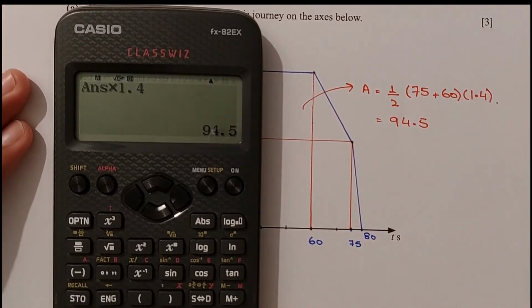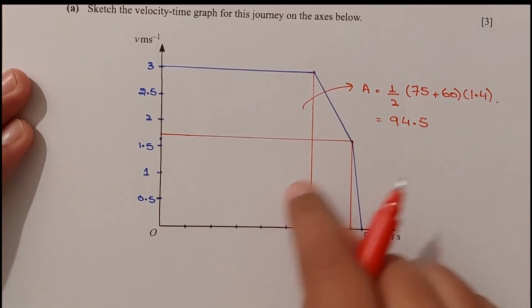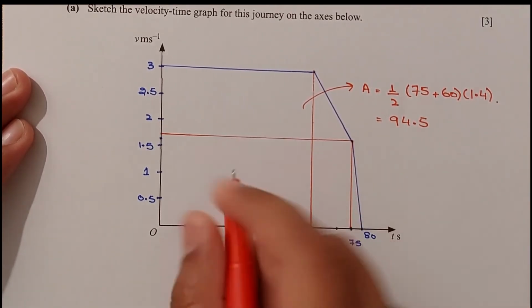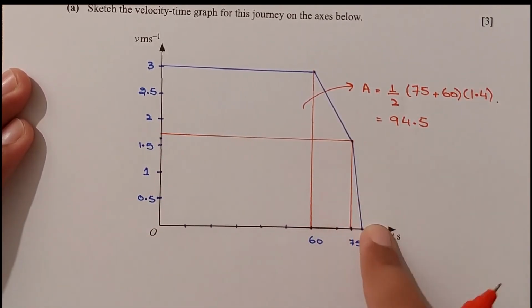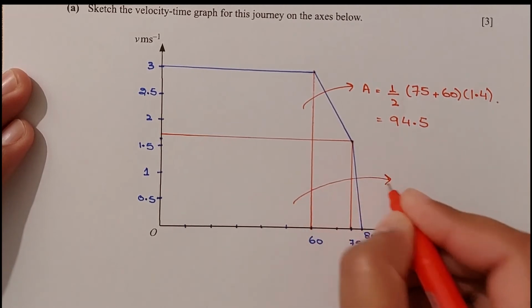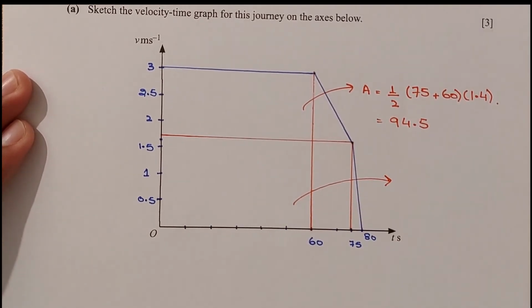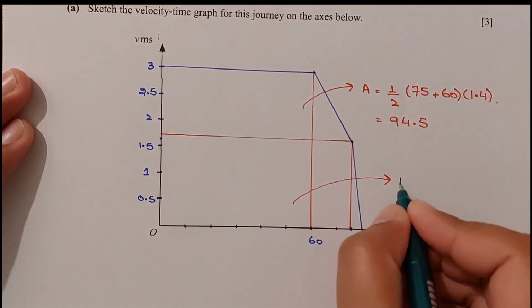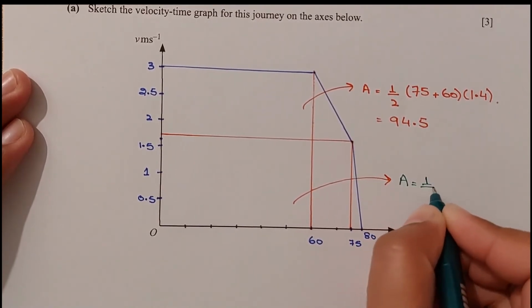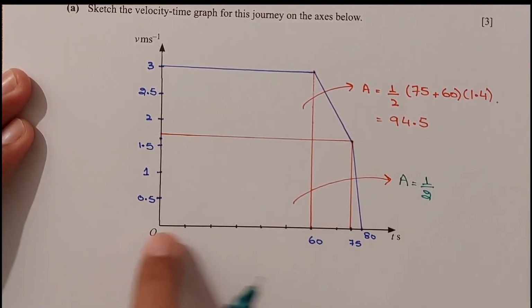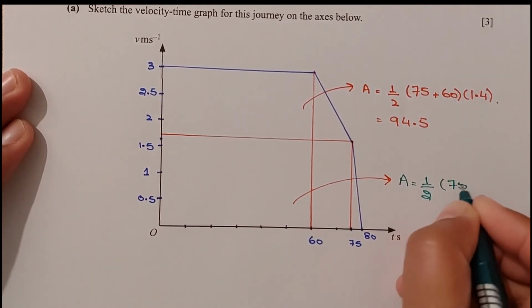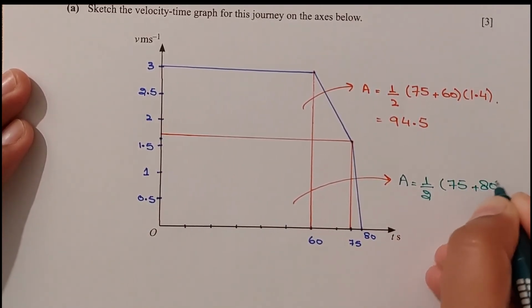Now let me calculate the second one. So the area of this trapezium, these are the two parallel sides and this whole shape is a trapezium, right? So the area for the second trapezium is again half the sum of parallel sides. This is from 0 to 80, this is from 0 to 75. So this is 75 plus 80 times the height.